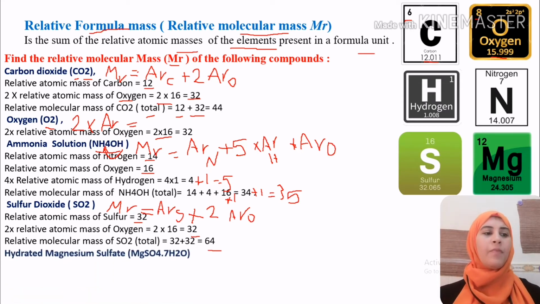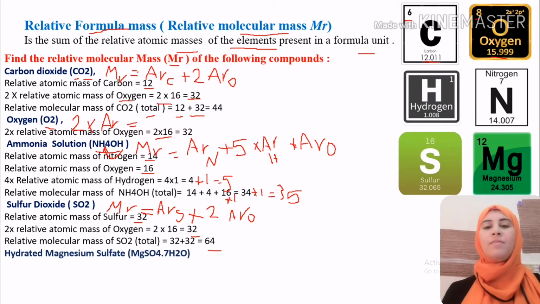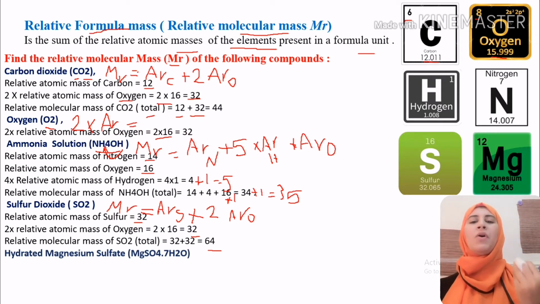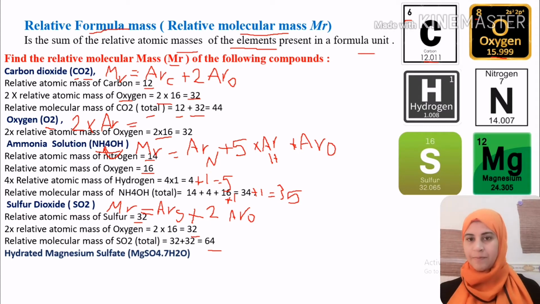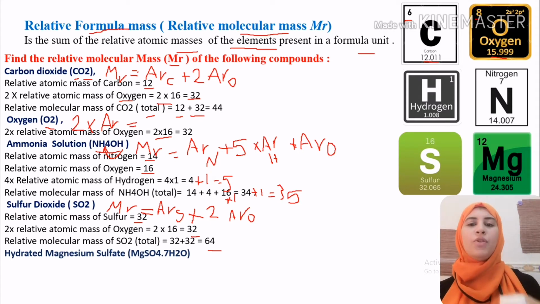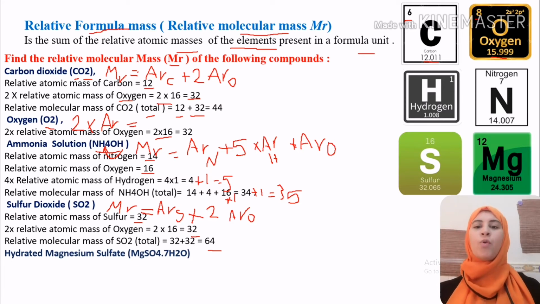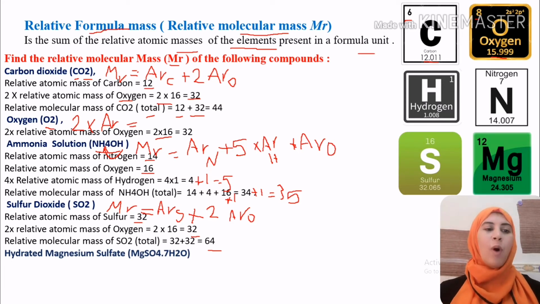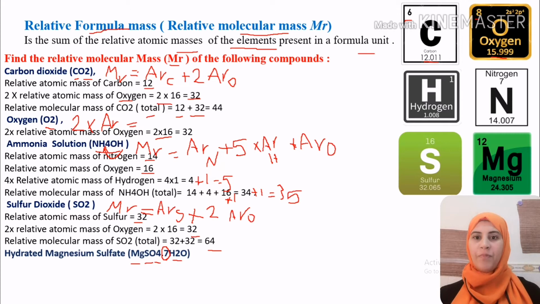Next example, hydrated magnesium sulfate. Hydrated magnesium sulfate is one of the complex compounds, so you must know exactly the number of atoms in your compound. We have 1 magnesium atom, 1 sulfur atom, 4 oxygen atoms, and we have 7 water molecules.